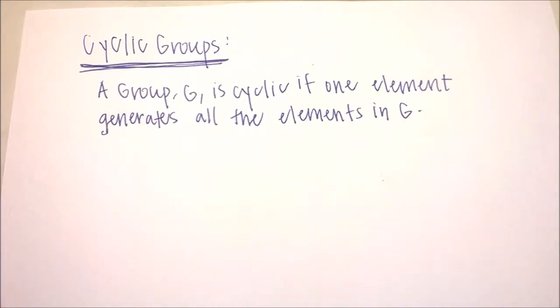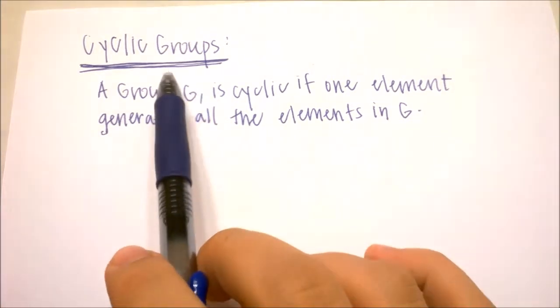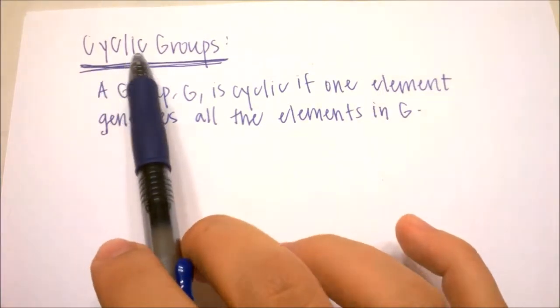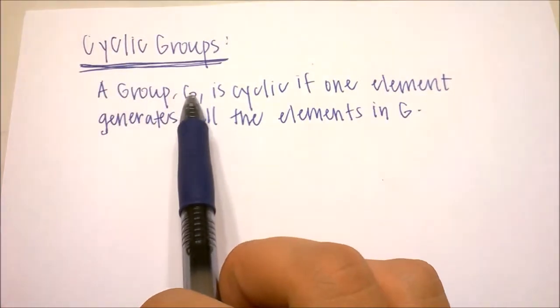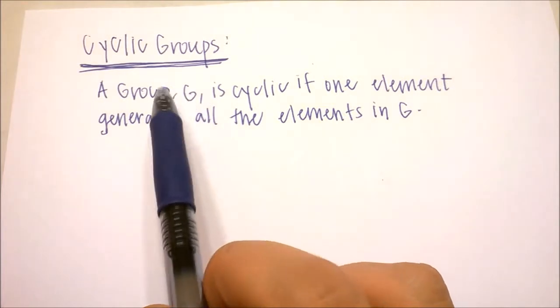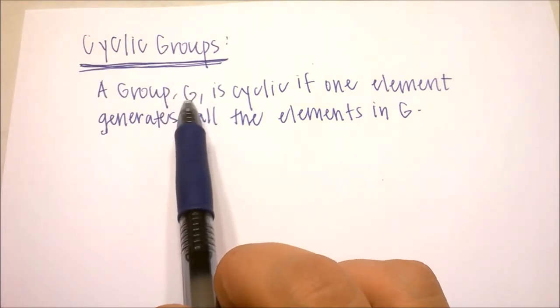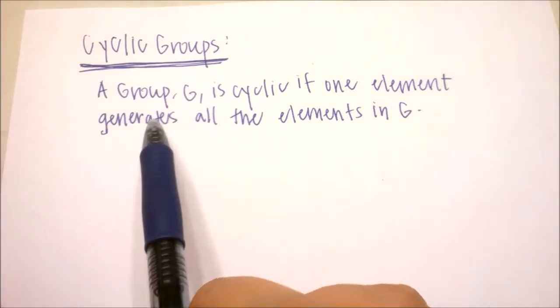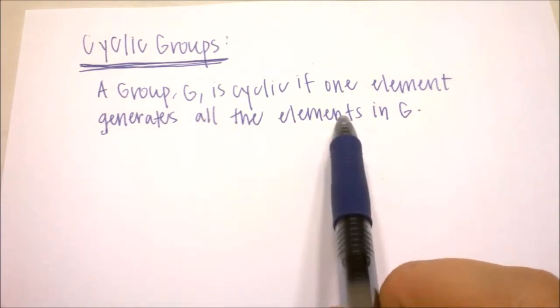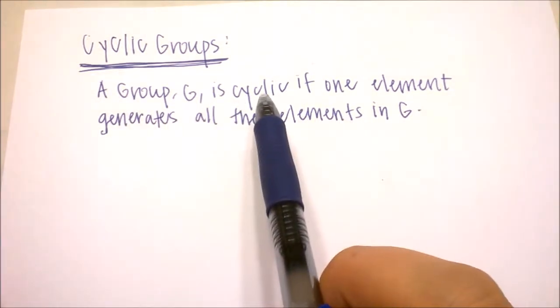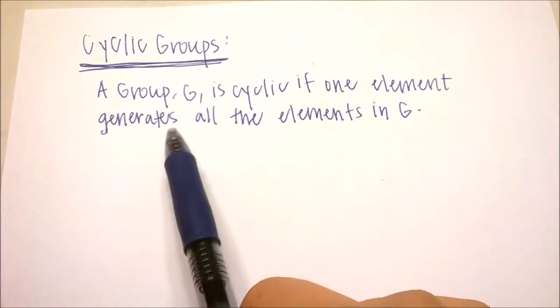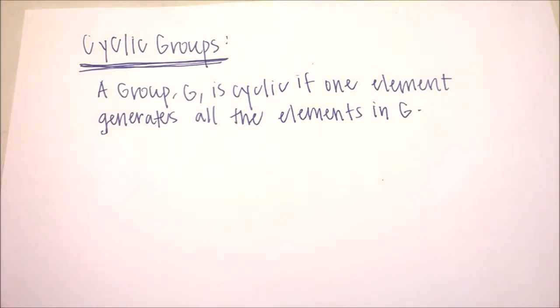So this is true for all groups, and a cyclic group is a special type of group such that the group G is generated by an element in G. So a group G is cyclic if one element generates all the elements.